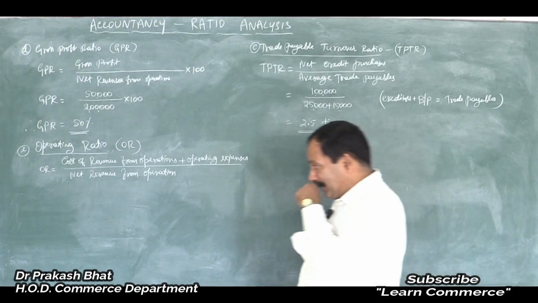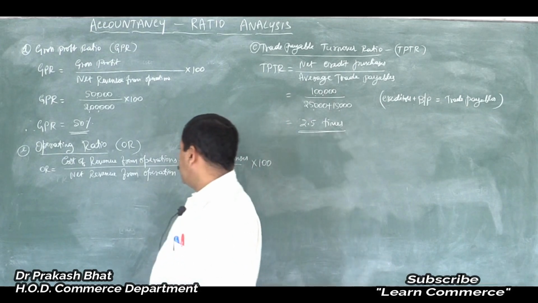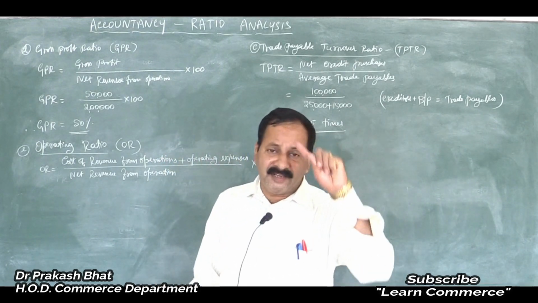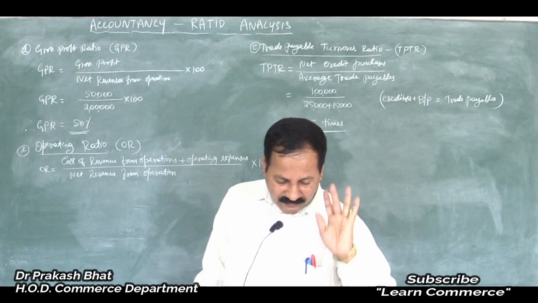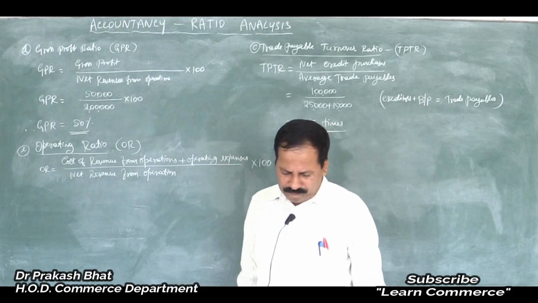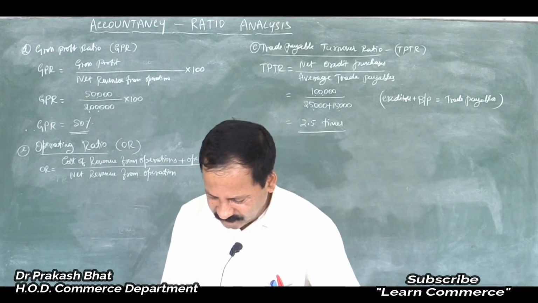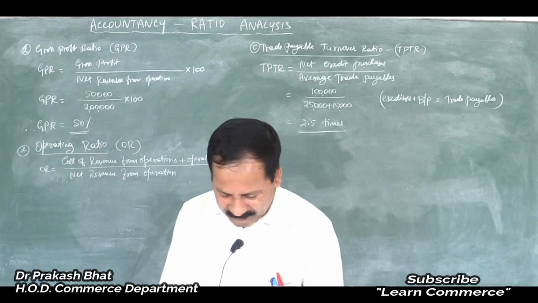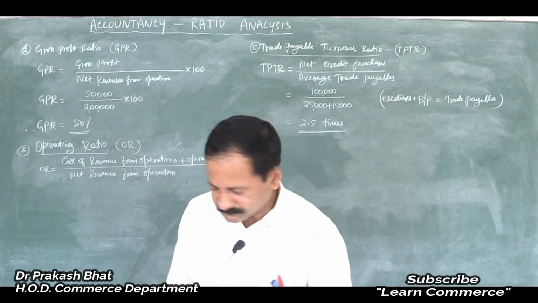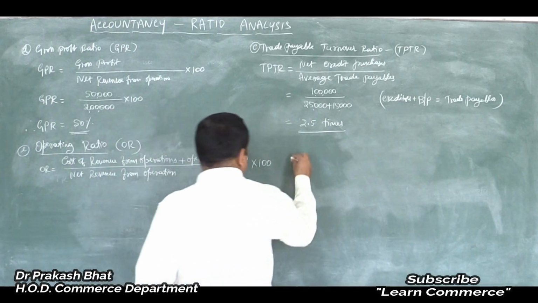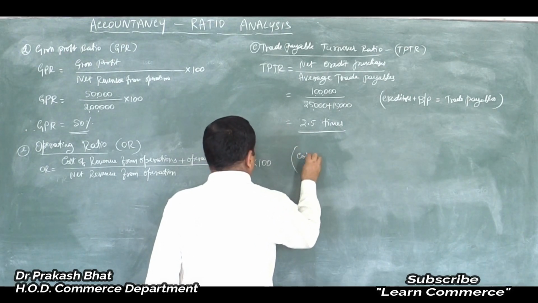Now, cost of revenue from operations, that is sales minus gross profit, right? Sales figure is given, am I correct? Gross profit is given, 2 lakh minus 50,000, so it will be 1,50,000. That is cost of revenue from operations.